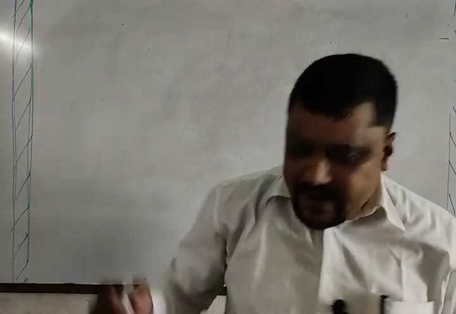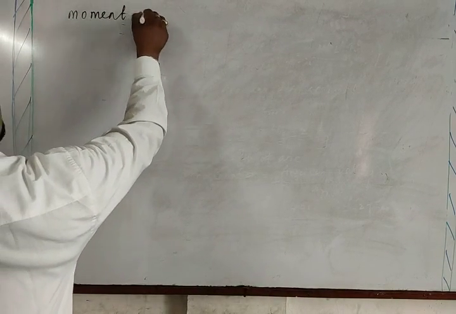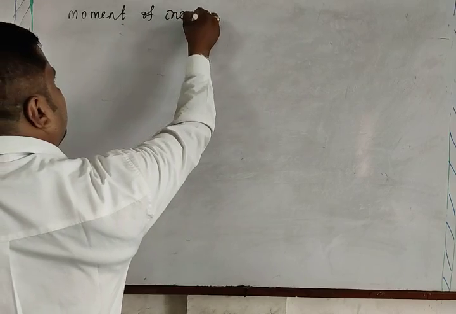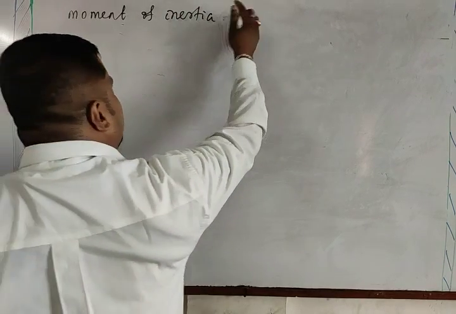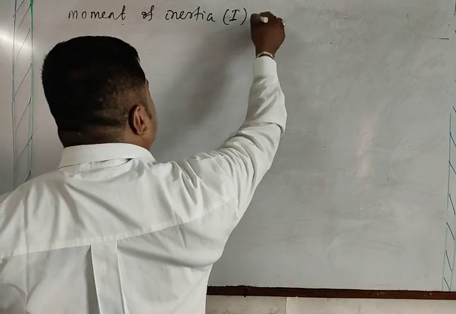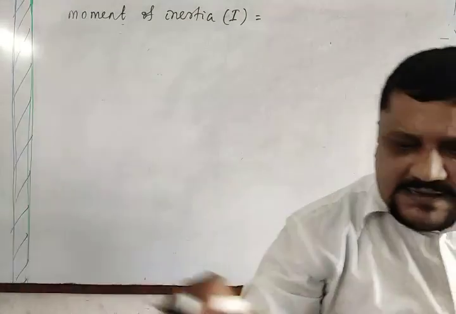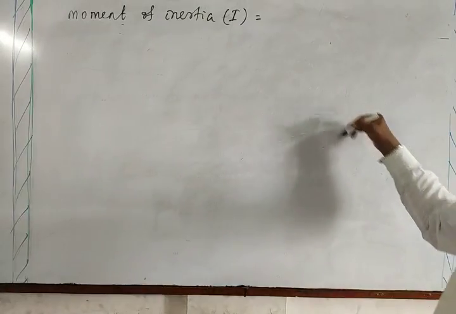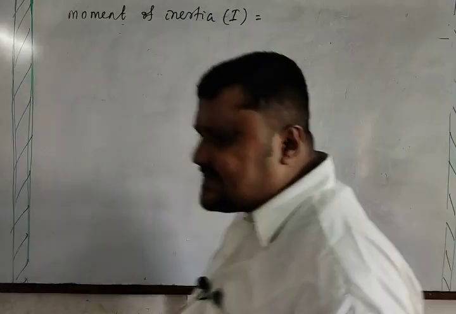But the moment of inertia comes in rotational motion. Similarly, if a body is rotating about an axis, then in rotational motion the body has an inertia.